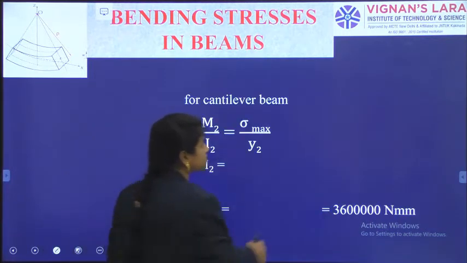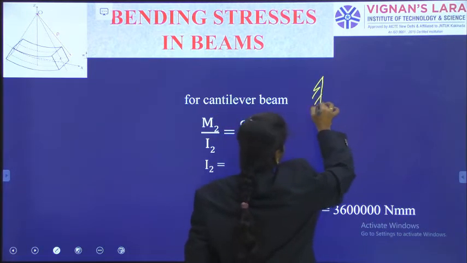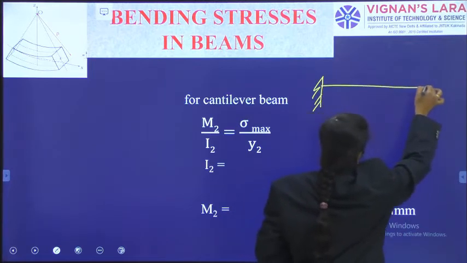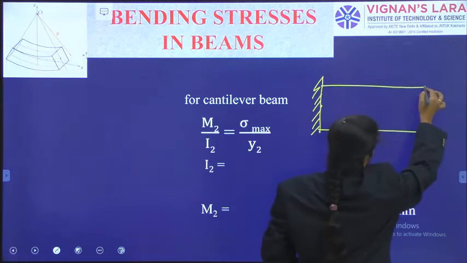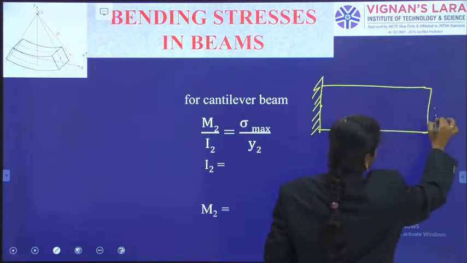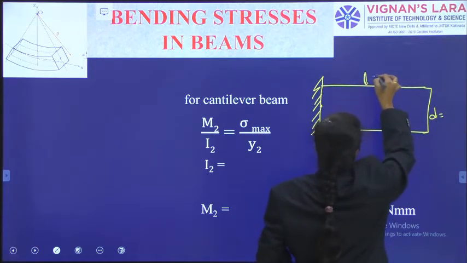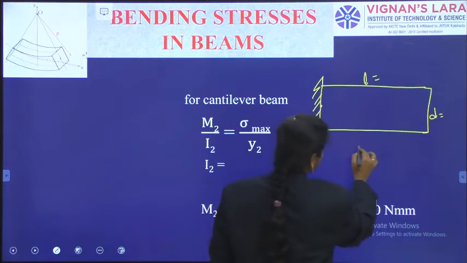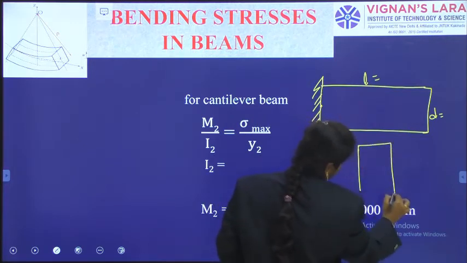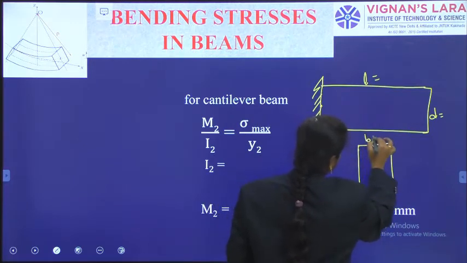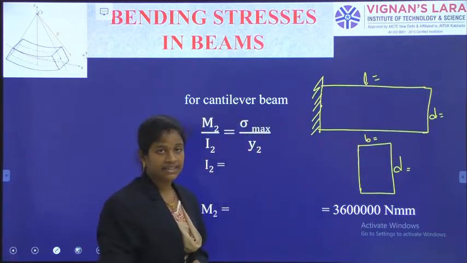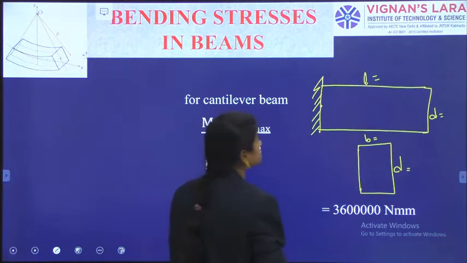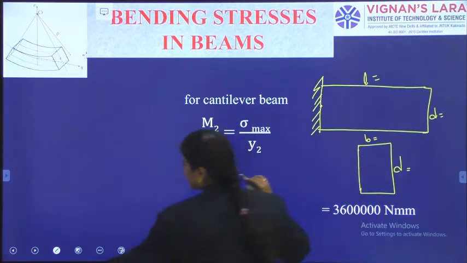If I am choosing a cantilever beam, in a side view you can observe the depth and length of the beam, and when we see the cross section you can see the width and depth of the beam. So we are having a cantilever like this, and it is being subjected to a UDL they have mentioned, right?